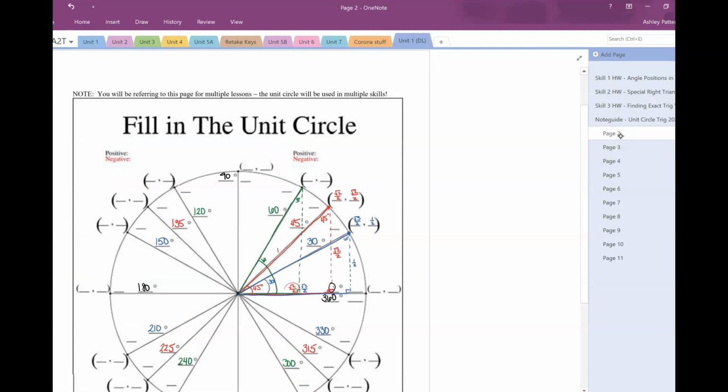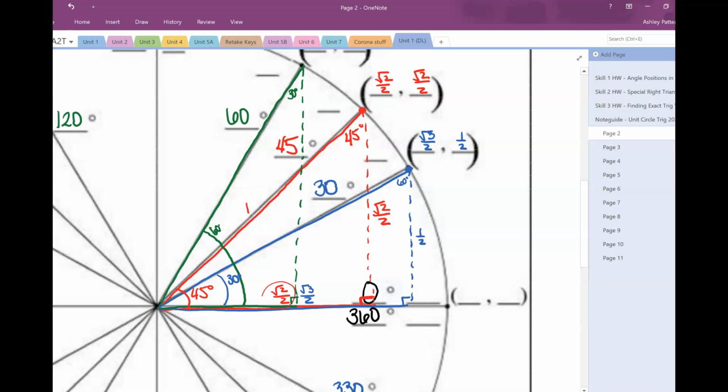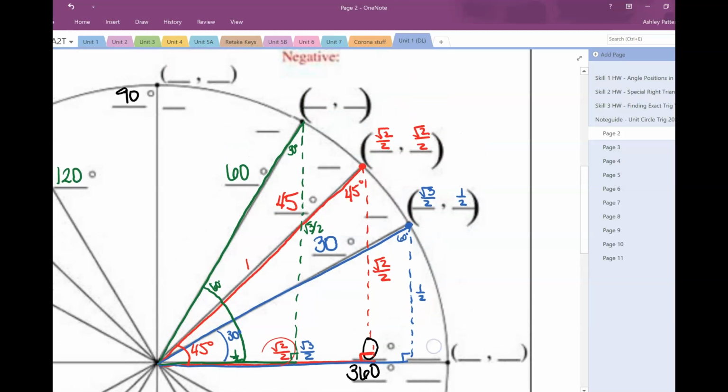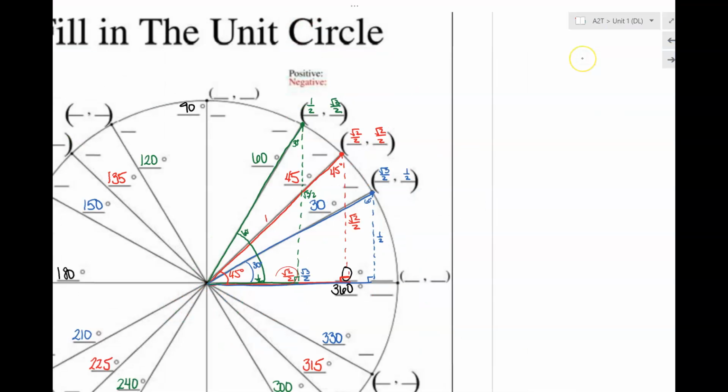So if I travel 1/2 unit on the x-axis, and I go up rad 3 over 2, that is the coordinate. How awesome is that? So that's where the coordinates come from.